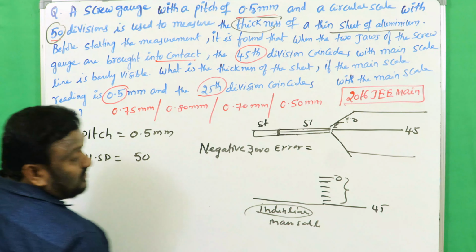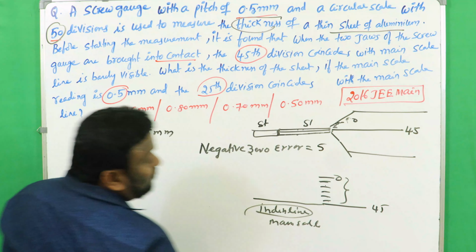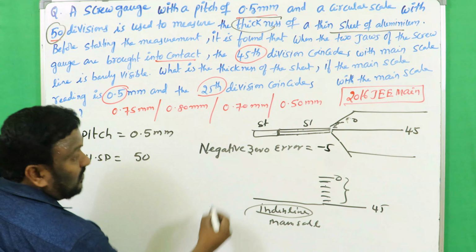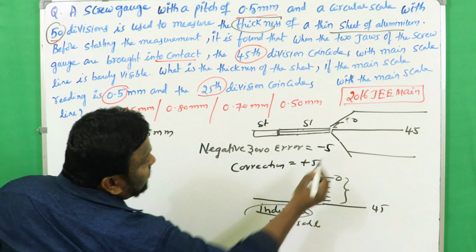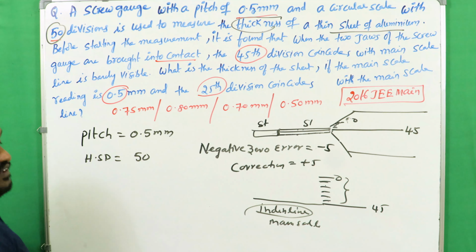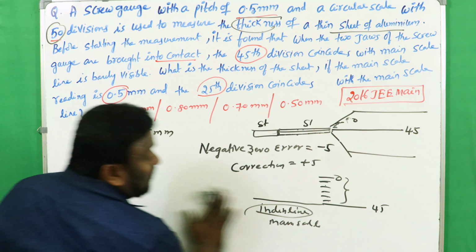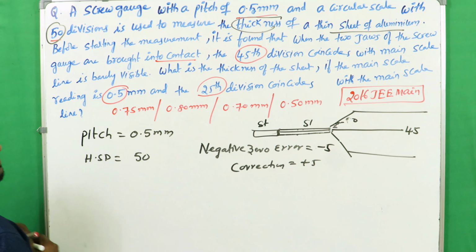How much error is there? 1, 2, 3, 4, 5, from 45 to 50, 5. So the error is minus 5, and the correction is positive, plus 5. In the given instrument, the error is negative zero error, and the correction is positive.